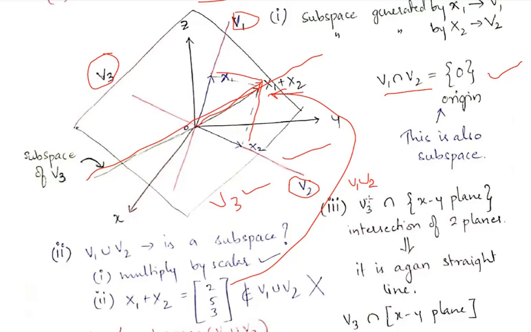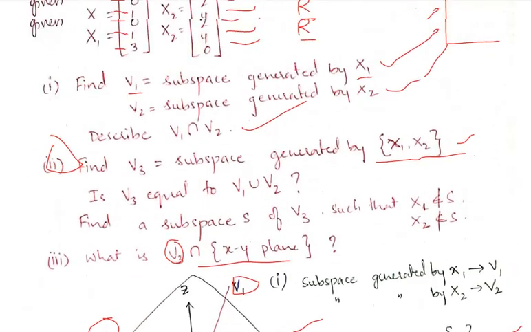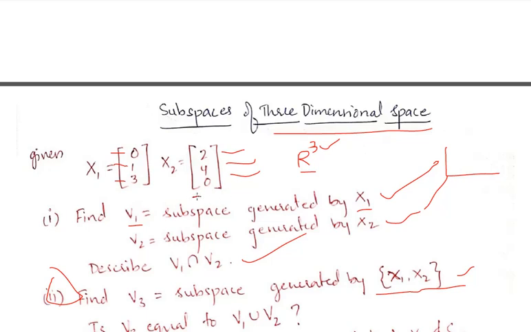And what is the XY plane here? XY plane means the Z component is 0, correct? So when you intersect, check which of the V1 and V2 vectors has the Z component 0. The X2 column vector has a Z component 0 here, correct?